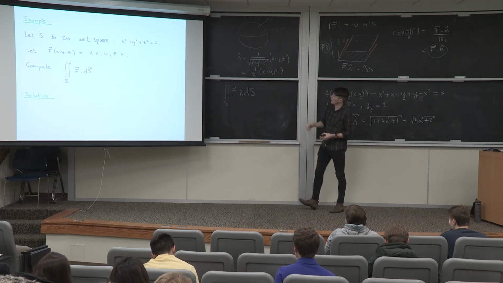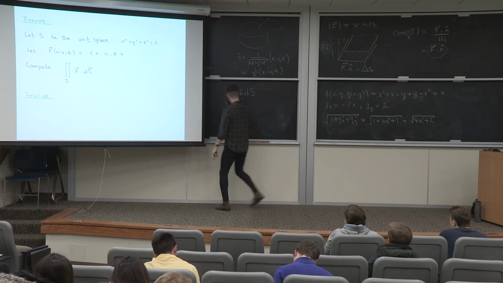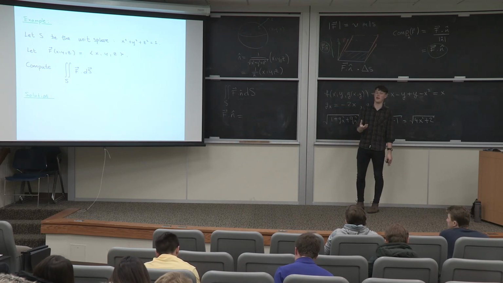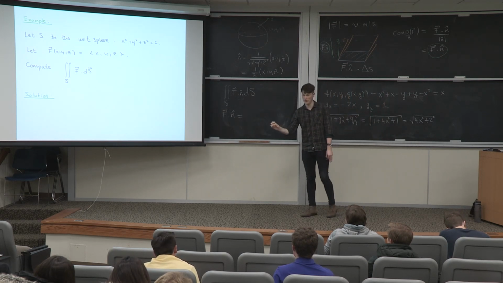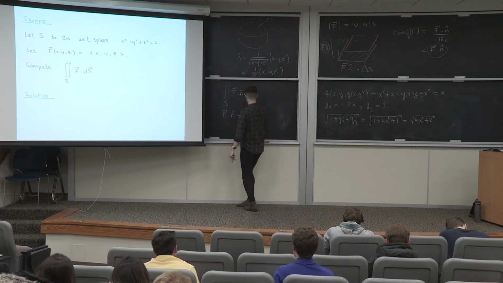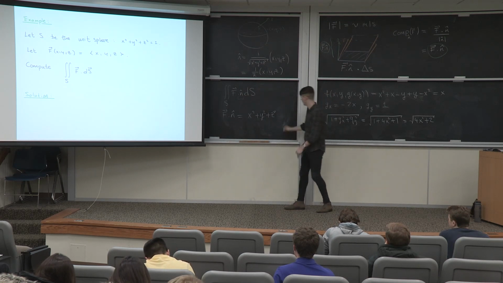In our case, what's n? It's just xyz. So what's F dot n? x squared plus y squared plus z squared, which on the unit sphere is 1.